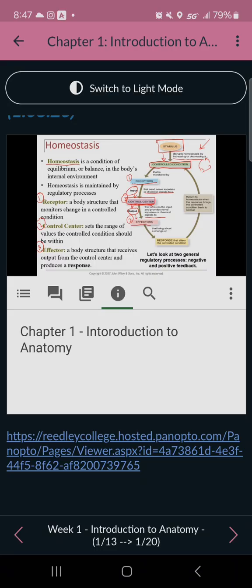So the third one, we have the effectors. An effector is a body structure that receives output, just like we said, from the control center, and it produces a response or effect that changes the controlled condition. Nearly every organ or tissue in the body can behave as an effector.